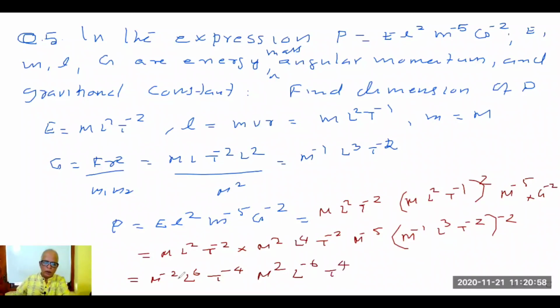So M raised to 0, L raised to 0, T raised to 0, which is equal to 1. P is a dimensionless quantity.